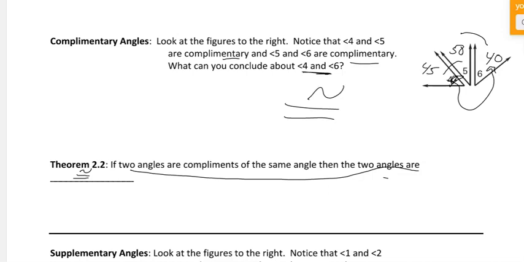Once again, if both angles are complementary to that angle, the first one, if it's complementary to this 10, must be 80 degrees, because 80 plus 10 equals 90. The other one must also be 80. So what do you know about these ones? They're congruent. So that's what this theorem says. A lot of times they call it the congruent complements theorem.